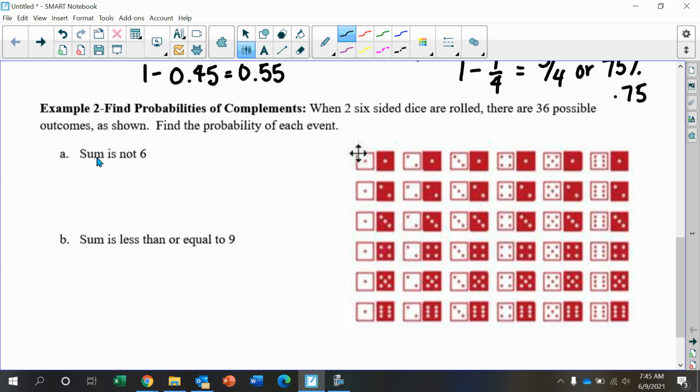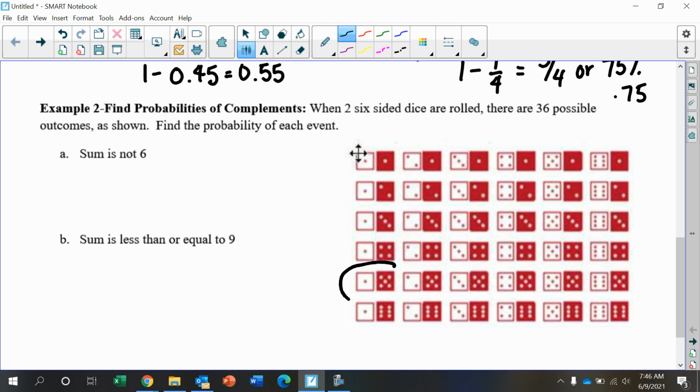So we want to find the sum is not 6. If I roll 2 dice and don't get a sum of 6, the easiest way to do it, instead of finding everything that's not 6, which would be a lot, is to just count your 6's. I'm saying this is 2, this is 3, this is 4, we have 5, we have 6 here.